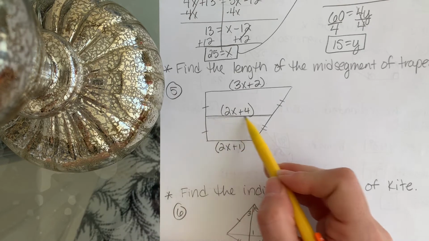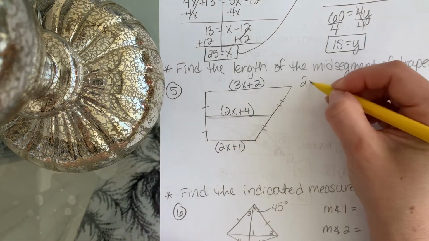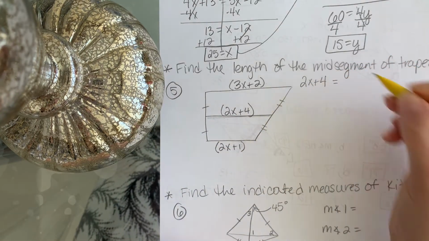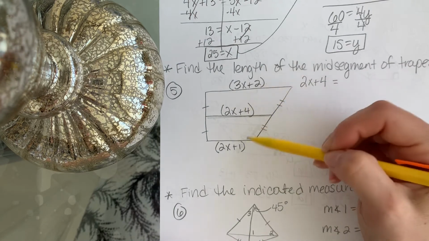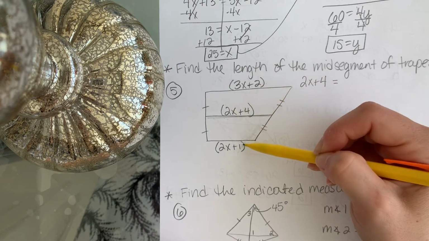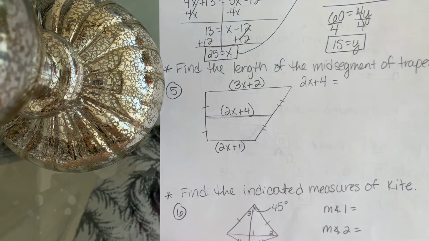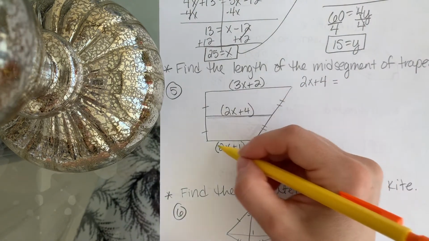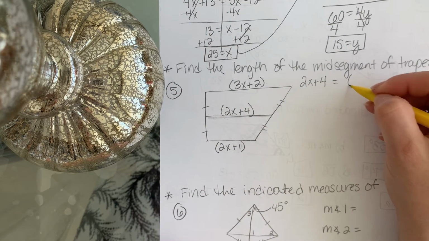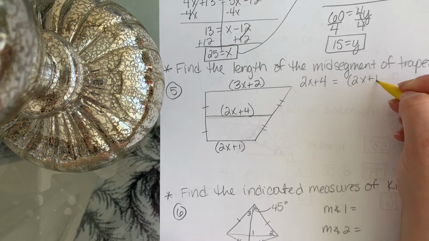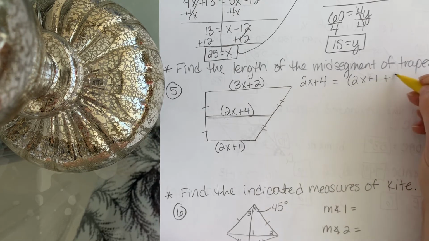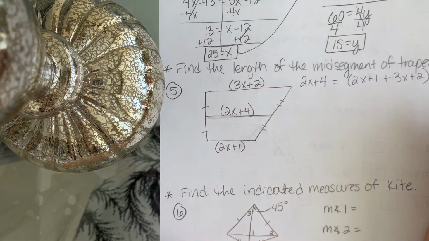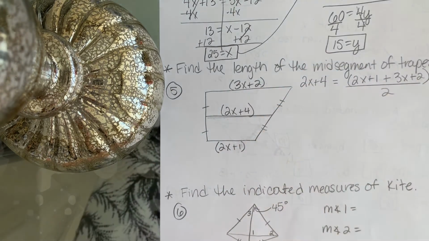So your mid-segment, which is 2x plus 4, is equal to these two pieces added together divided by 2. So your first base, 2x plus 1, plus 3x plus 2. You're adding these two bases together and dividing by 2.